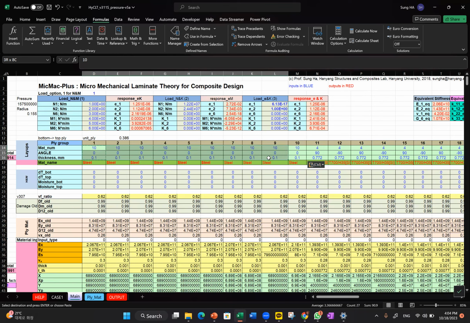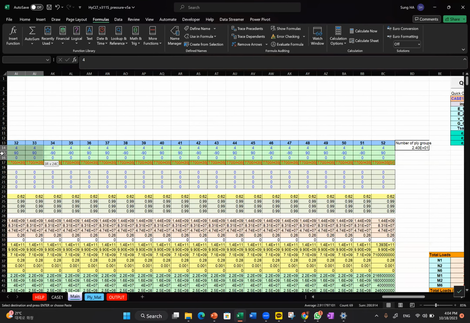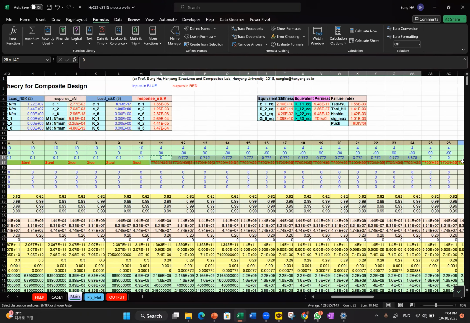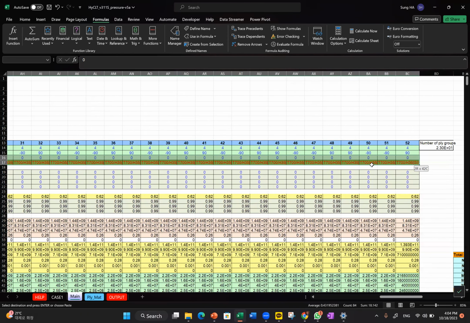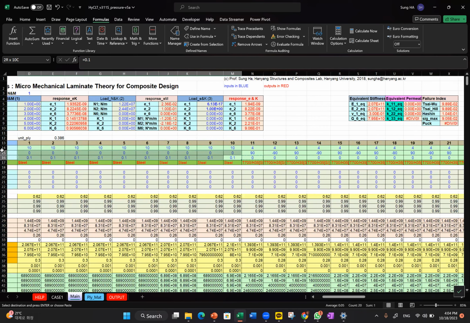Okay, 10 plies, but as you can see, all of them are steel, and each ply thickness is 0.1. Although if we want to neglect these plies, we cannot delete them, but we can give them a zero thickness. So whatever the material, we can have a zero thickness. Zero thickness is a way to eliminate a ply. So if we enter all zeros here, it means that we only have these 10 plies.